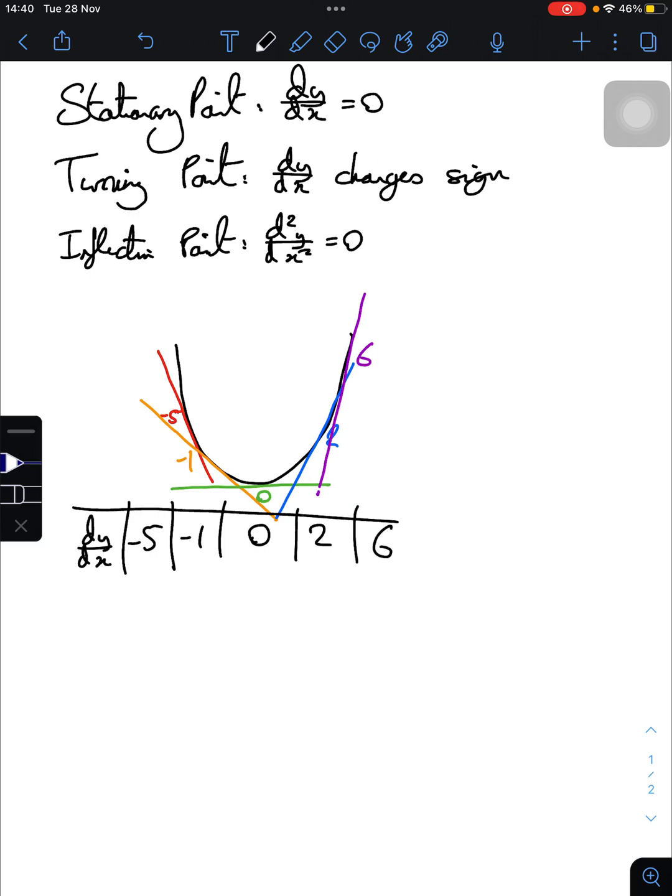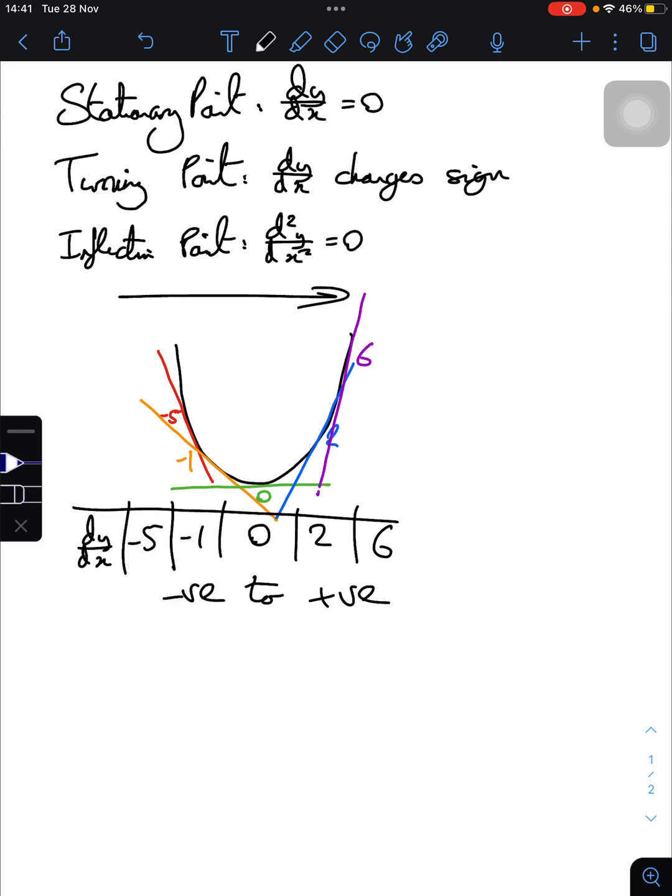And so as we're moving along this curve from left to right, our gradient is increasing. And our gradient also changes sign. So we see it goes from negative to positive.